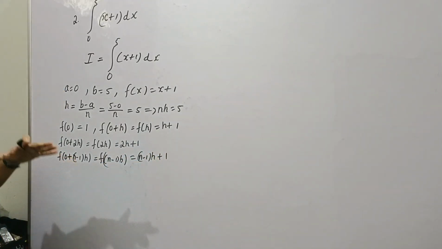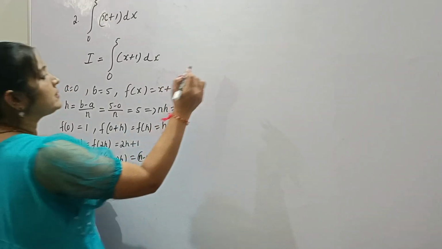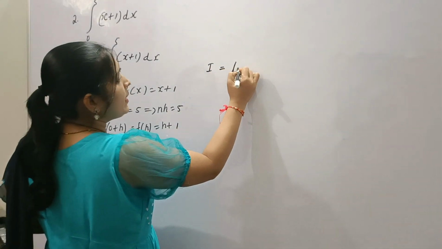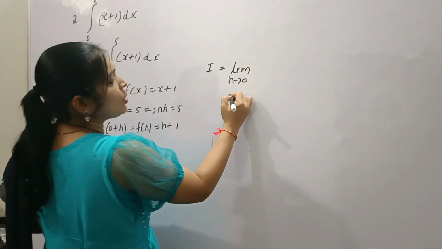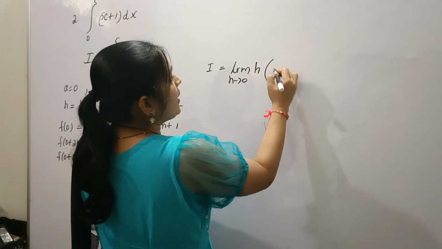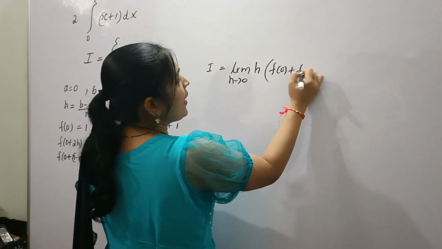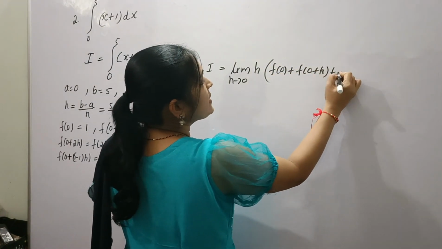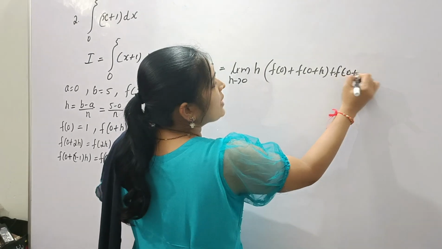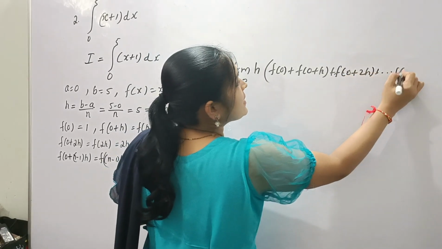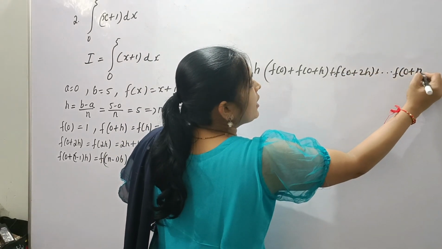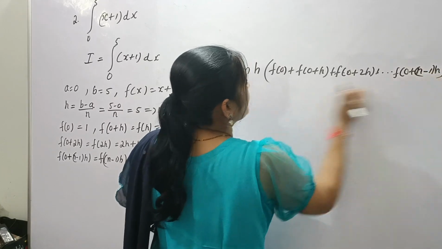Now let's find the value of this integral, that is I is equal to limit h tends to 0, h into f of 0 plus f of 0 plus h plus f of 0 plus 2h plus etc. plus f of 0 plus n minus 1 into h.